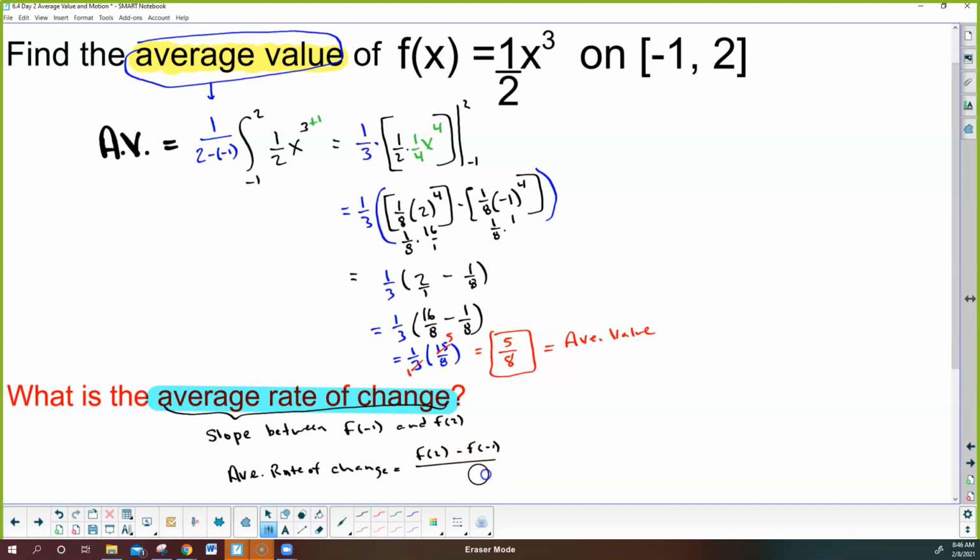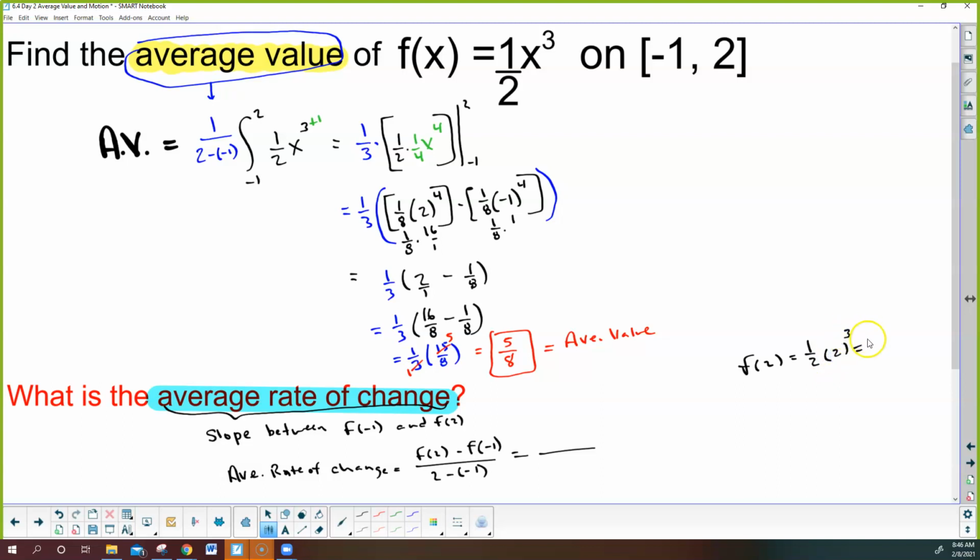over your inputs. Oops, I don't need to use b minus a, because we know what a and b are. So it's 2 minus -1. But notice, all that is just your slope. And you don't need to show the work, but if you plug 2 in here, maybe you want to, but I would need to figure out what is f of 2.